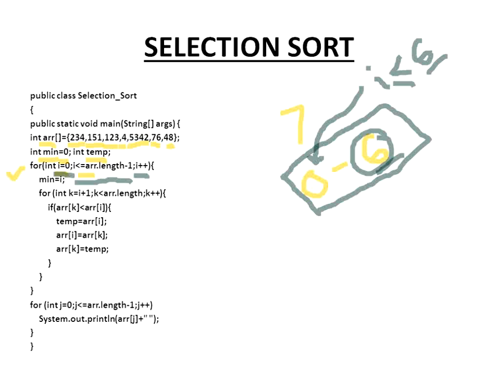Now what we have done, we have set min = i. Yes, increment. So now you can see here min = i.